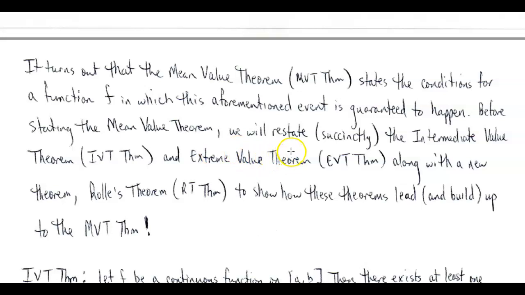Now, as I mentioned before, we're going to look at some other theorems that we're sort of standing on the shoulders of, so that you can see how the mean value theorem relates to all these other theorems that we've been talking about. Of course, we'll start off with the intermediate value theorem. And that is a very foundational theorem.